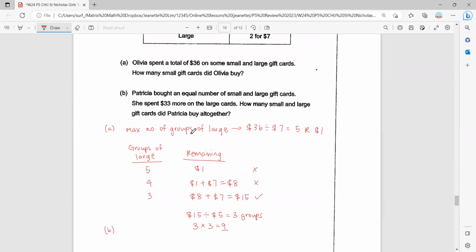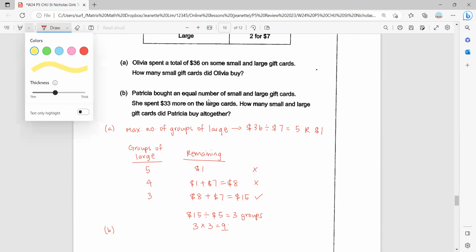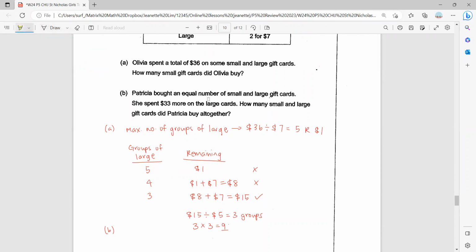Okay, now for part B. Patricia bought an equal number of small and large gift cards. The important thing to note here is equal number. She spent $33 more on the large gift cards. How many small and large gift cards did Patricia buy altogether?